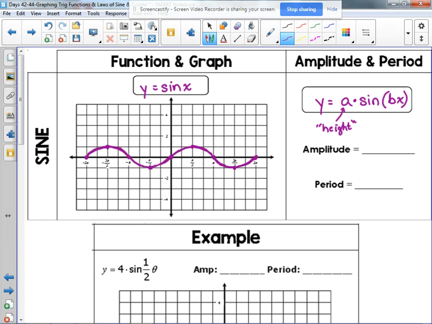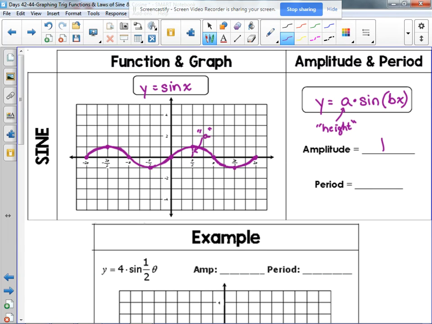What we're talking about, though, is not bottom to top, it's from the middle to the top, or from the middle to the bottom. So in this case, the middle is the x-axis, so the amplitude would be 1 unit. The standard amplitude is 1, and we discussed that in Math 3.